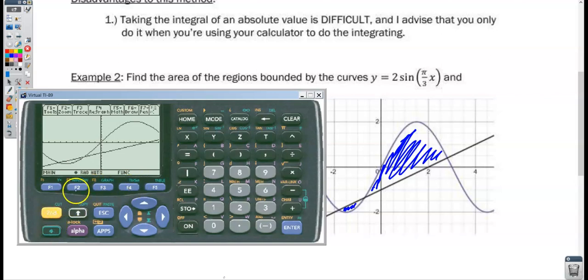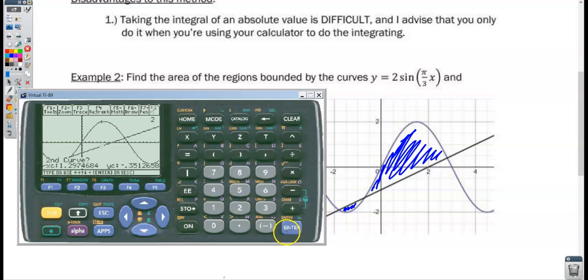I'm going to have to change my window a little bit, extend the X max out, since I didn't quite get the graph on there. There we go. Okay, now I just need the intersection points at the endpoints.